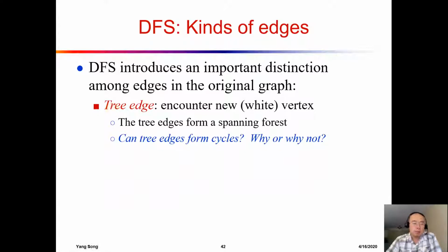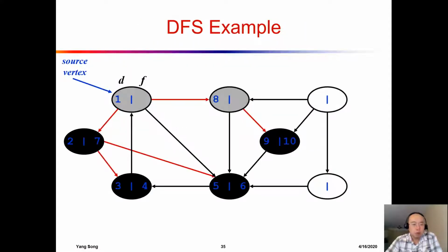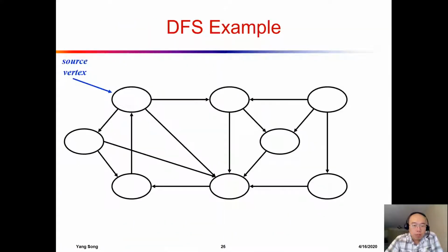And then for the tree edges, the next question is, can we have the tree edges form cycles? Why or why not? Remember when we discussed this part, we said, do we want to take this edge from 3 to 1? And then we said we don't want to do that. Why? Because we are only doing the depth first search to find the white nodes, right?